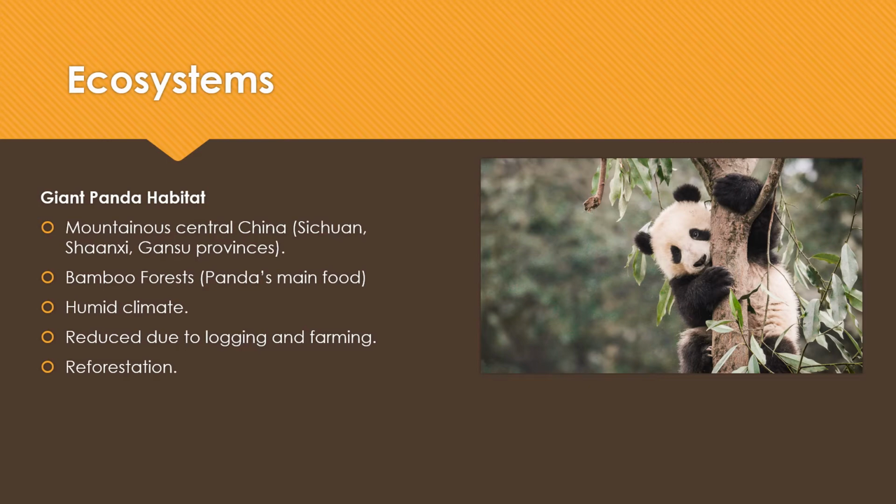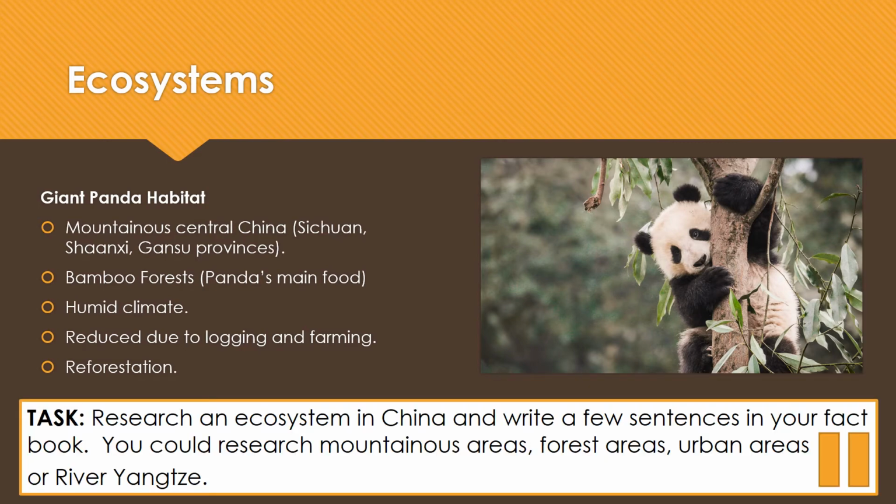They bring in a lot of money to the country because you might get tourists going to visit and find out about them. So they've started what they call reforestation, which is the opposite to deforestation. This is the idea that more trees are planted to ensure that areas are protected and that there's still going to be trees there in the future. So it gives them time to grow and protect the habitat where they're found.